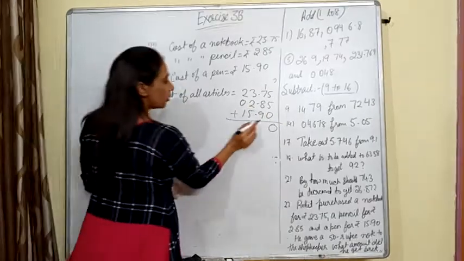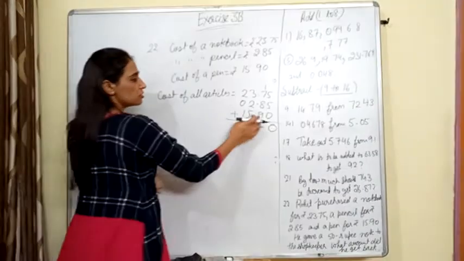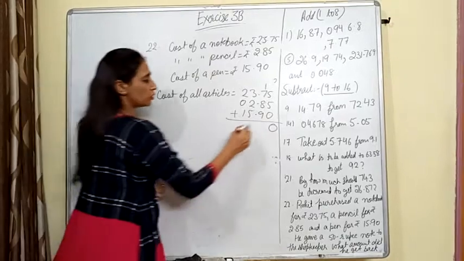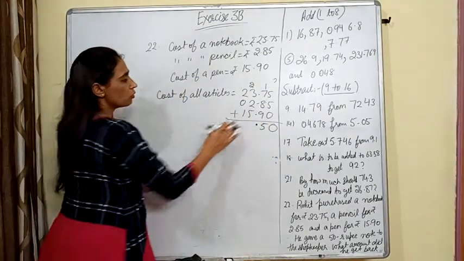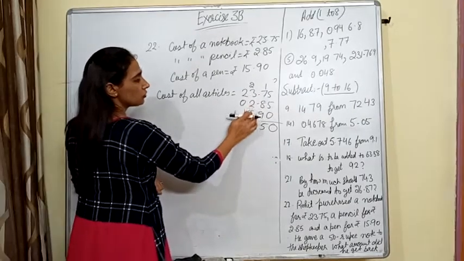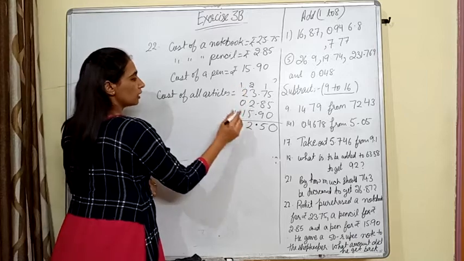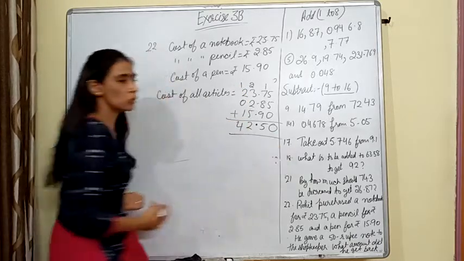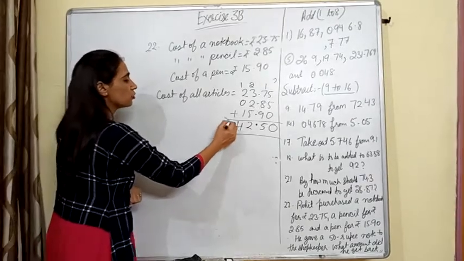Now 5 and 5, 10 and 0, 1 will be here. 8 and 8, 16 and 9, 25. 2 will be here, point will be here. 1 and 3 and 2 and 3, 4. So cost of all articles is 42.50 in rupees.